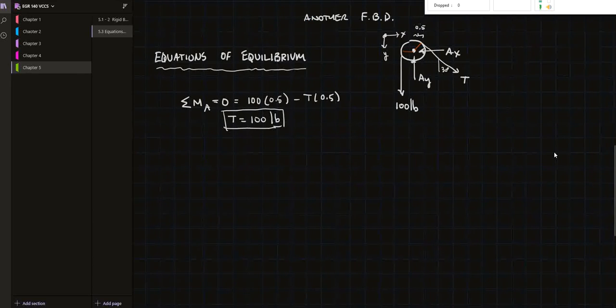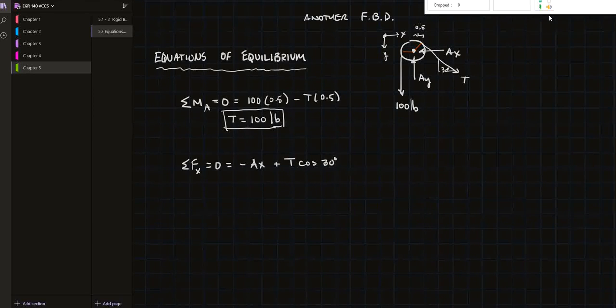Okay, so we need to find AX and AY. So let's look for the AX first. Let's sum forces in the X direction equal to 0 equals minus AX. That just is straight up in the X direction. And then 100 pounds and the AY don't come into this equation, but a component of T does, and that component is plus T cosine of 30 degrees.